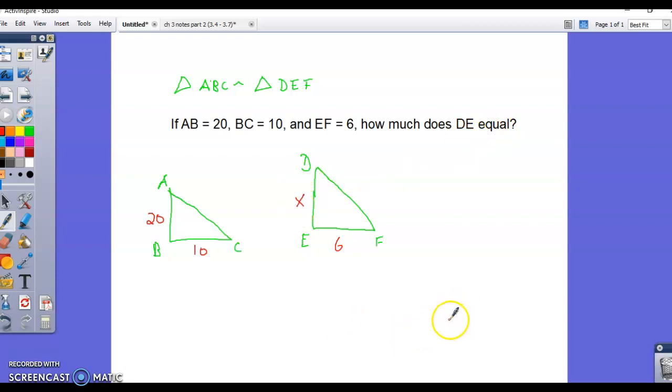So how do I figure out that side? Well, at this point you should see it. We just set up our proportions. So I could say 20 over 10 equals x over 6. That's one of the 4 ways I can set up this problem. And then when I cross multiply, I can do 6 times 20, 10 times x. 10x equals 20 times 6.